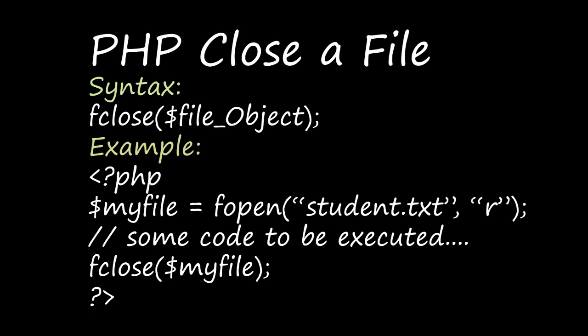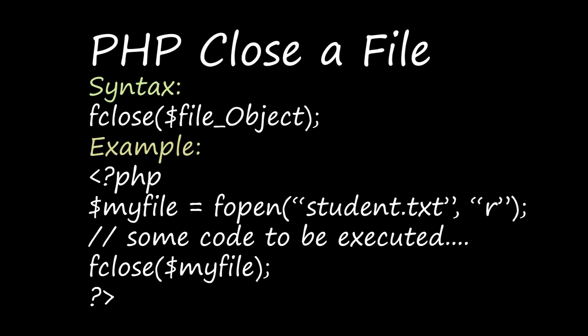Whatever code has to be executed, you will give down there. Here we are opening a file and then you will write the code, and where you have to close it, in that place you will give fclose. Inside that fclose you will give $myfile. What is that? That is the file object, right? That myfile you will give, close it and end with a semicolon. And then the closing tag for PHP is question mark greater than symbol, right?